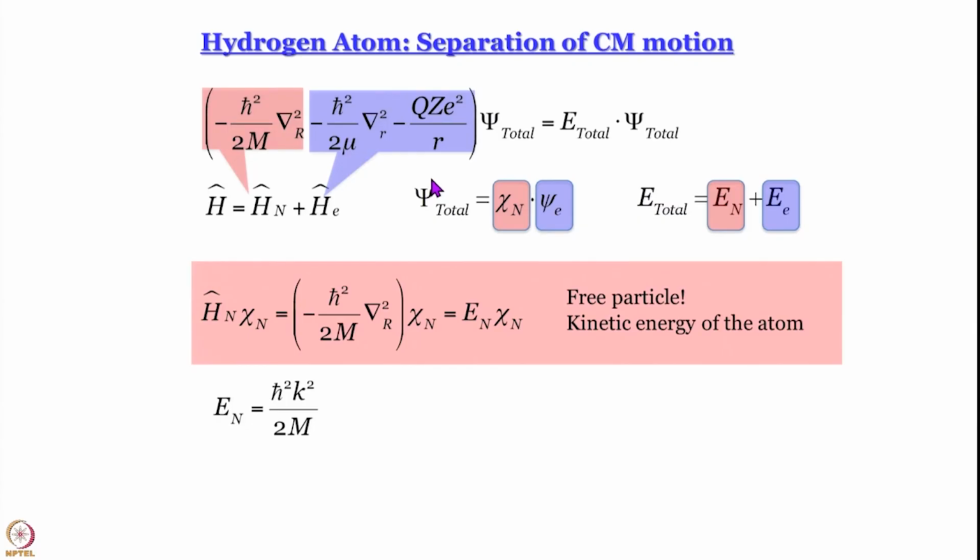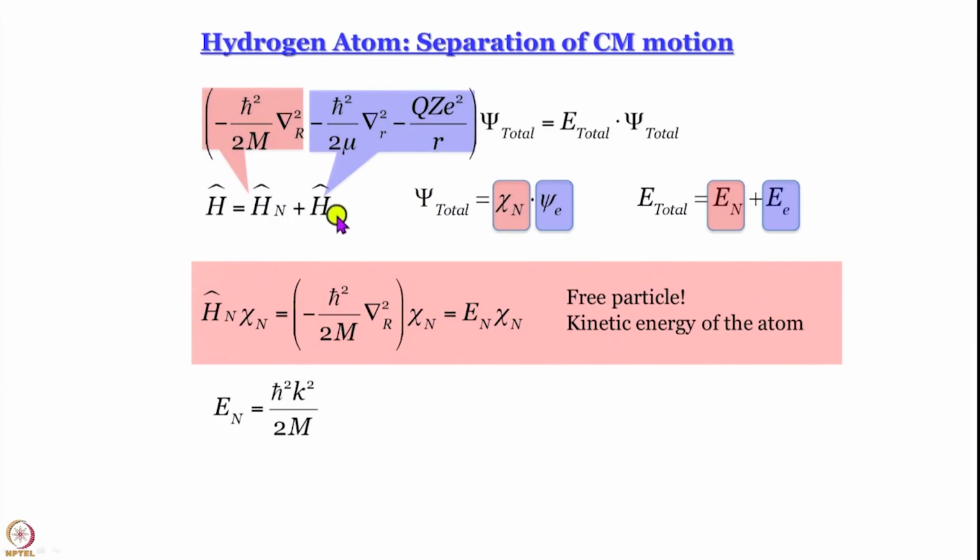So, this is a relative frame that we are talking about, and the last term is minus q z square by r. This is a potential energy term for interaction between electron and nucleus. Of course, this r itself is the separation between the nucleus and the electron.